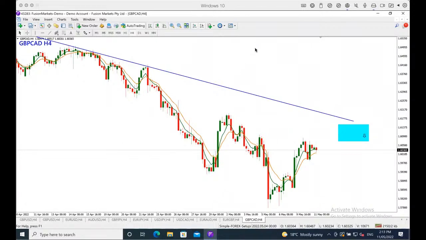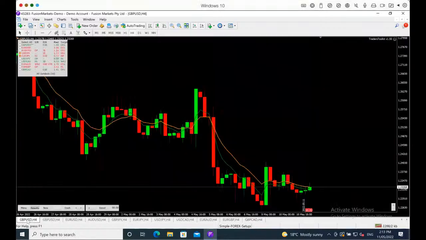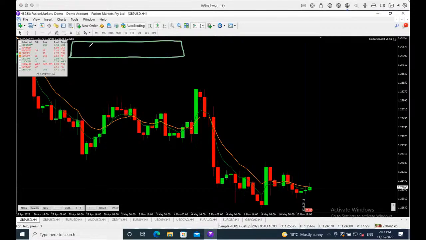I think on the box, let me just see. I don't have anything. So when you place a trade using the trader's toolkit, then usually you will get a window here with the currency pair that you are trading and the information there.